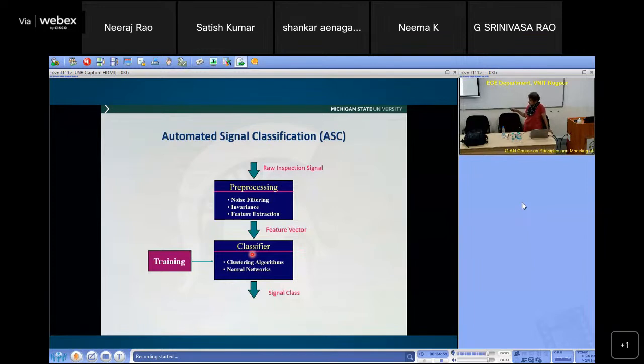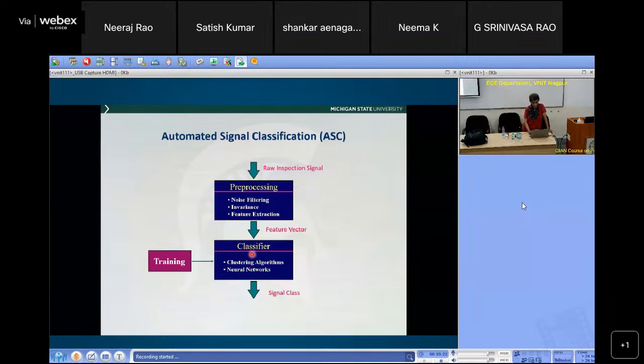Of course, this classifier has to be trained using training data. Once it is trained, once you put in the raw signal, it will tell you what the defect class is. So this is a standard signal classification algorithm. All signals, whether it is a speech signal or an image signal or an NDE signal, this is a generic approach for signal analysis.